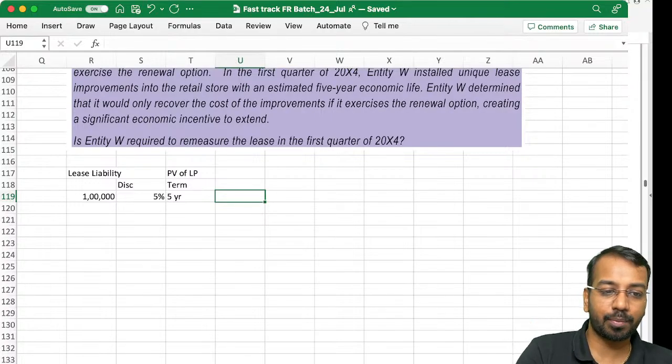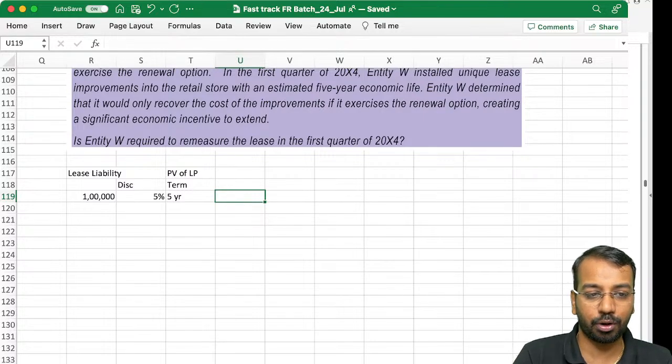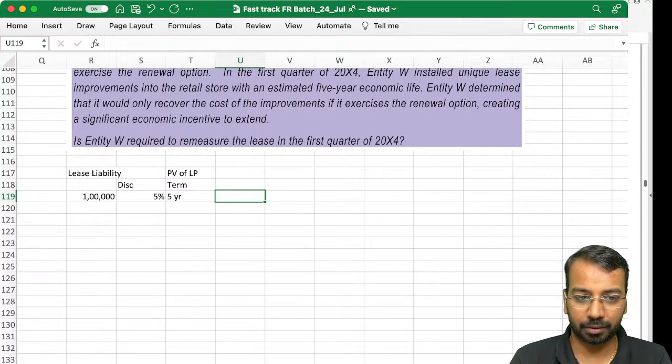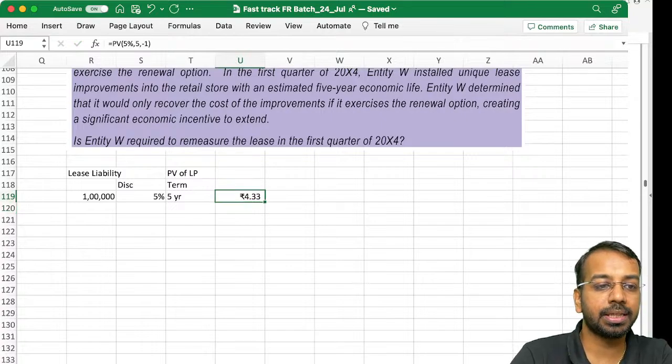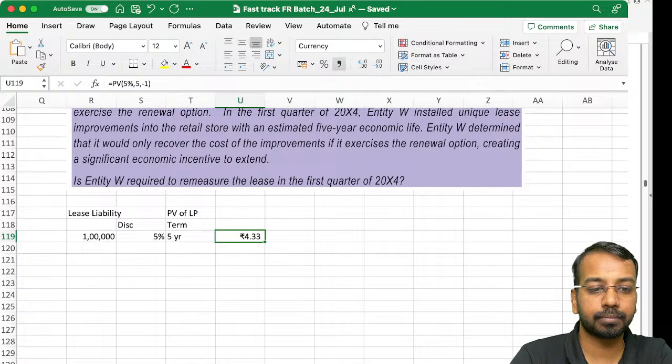If you do that 5 times and do a grand total, you will get the present value factor, right? So the present value factor for 5% for 5 years for 1 rupee is 4.33, 4.32948, or 4.32925.